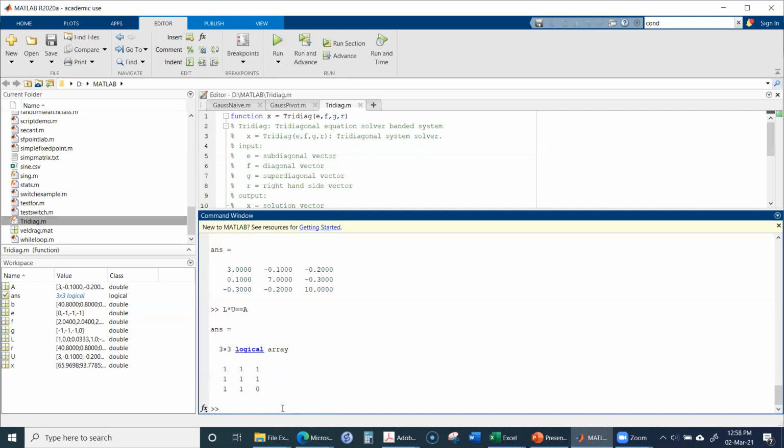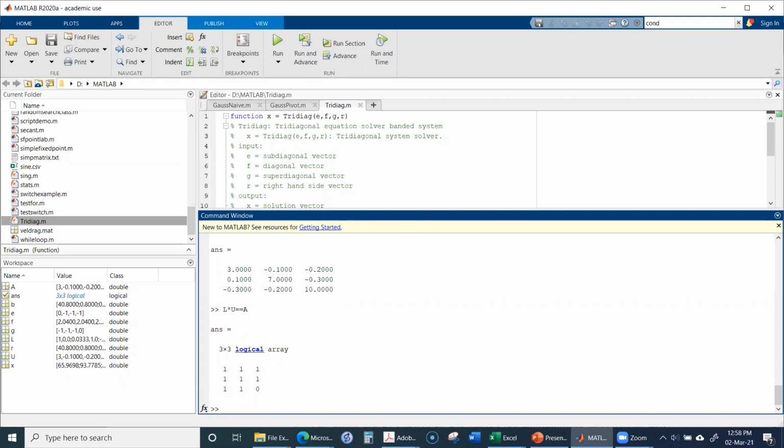I will check later why it is not coming as 1. But actually it's true, because we can manually see that L times U is equal to A.